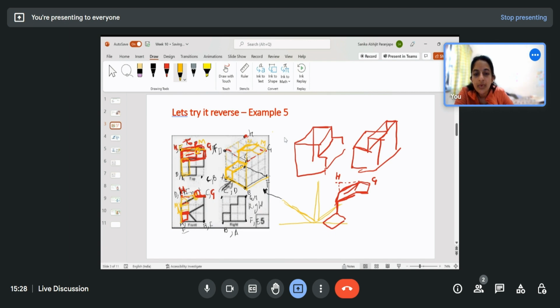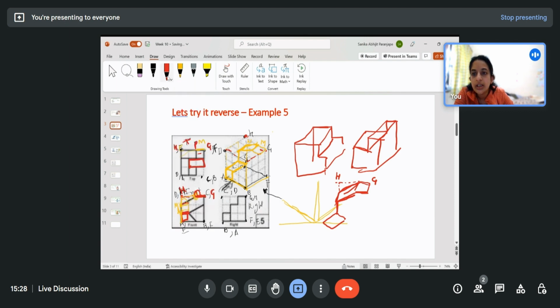Now let us come to this part that I'm seeing over here. I'm going to trace it, see, from point G, I have to come here.